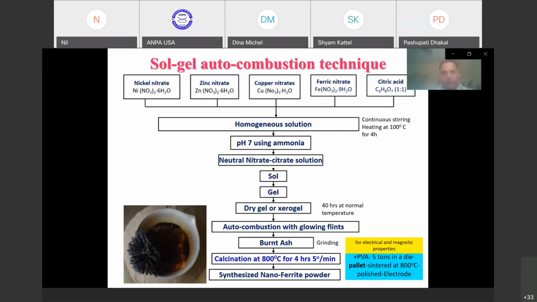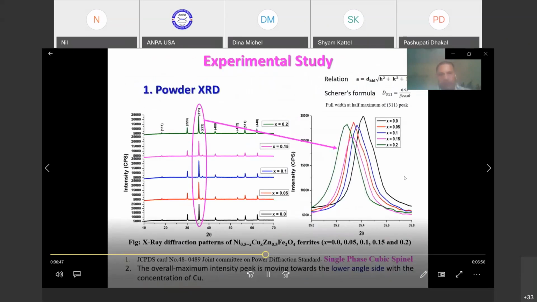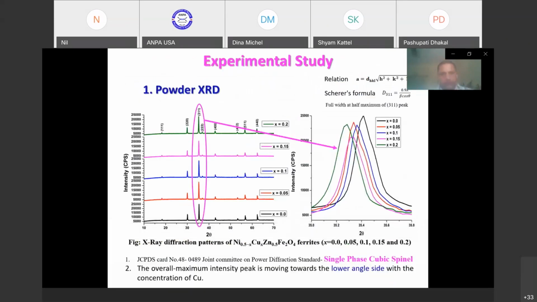Here, the composition we make has 4 different compositions of copper. For the experimental study, the first one is the powder X-ray diffraction method. Here, it helps to determine the structure of the material that we have prepared. We have prepared the materials in basically 5 concentrations of copper: 0, 0.05, 0.1, 0.15, and 0.2.